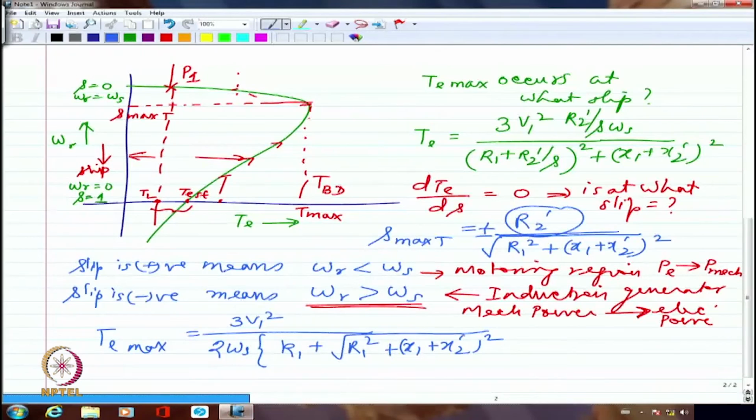S max T will shift towards 1. So I will have probably one more characteristic somewhat like this. One more characteristic somewhat like this.